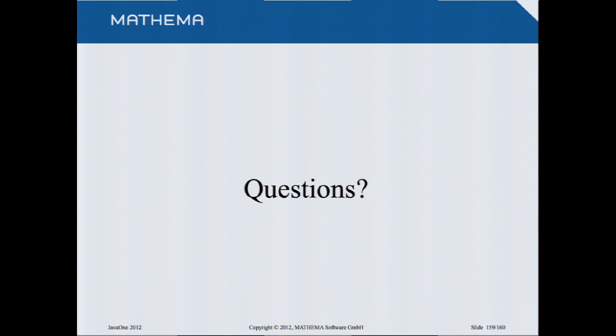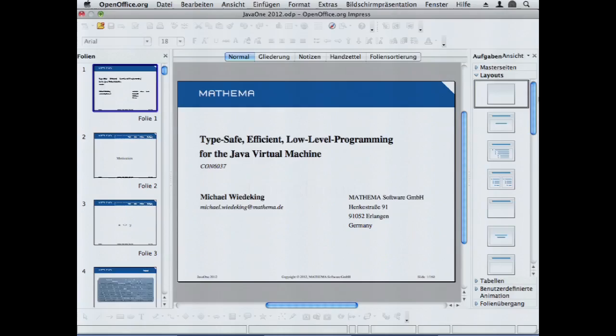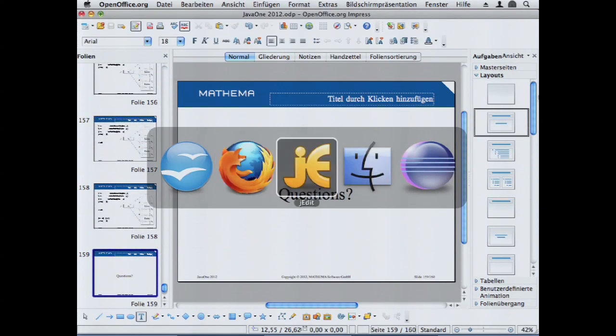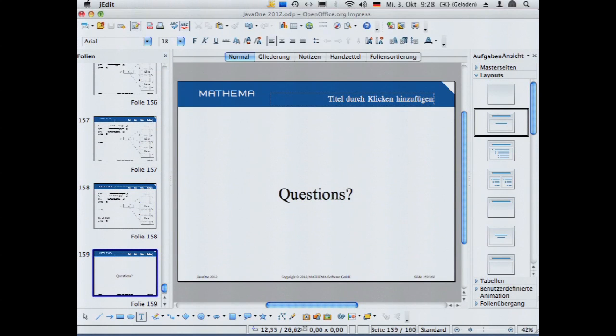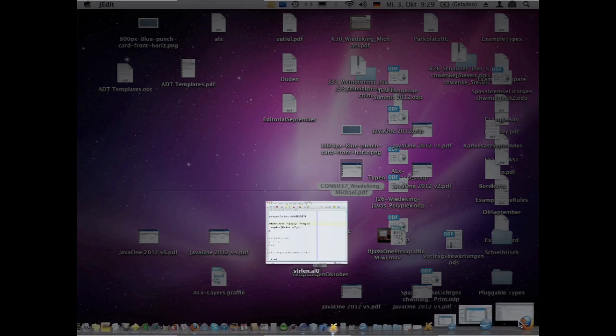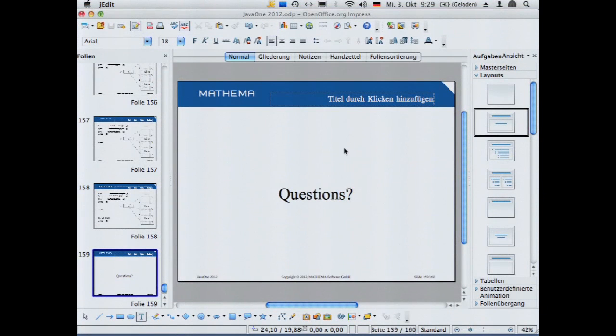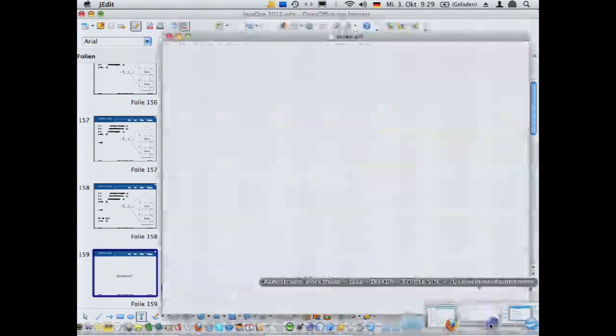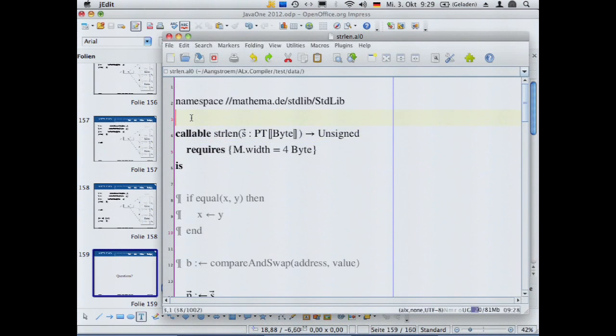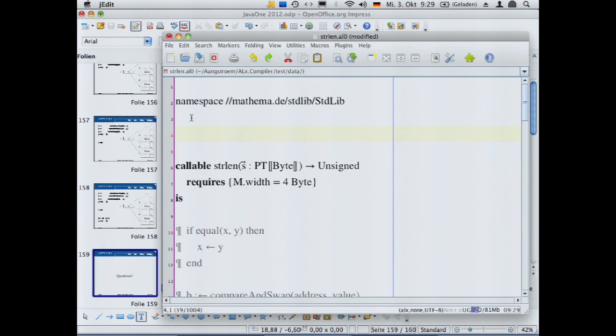Yes? Do you type all that Unicode? How do I type all that Unicode? I have... Just a second. I don't know where my window went. Okay. You know this from Word.